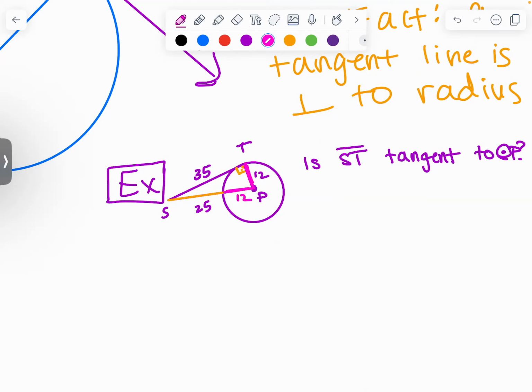So let me ask again, what is the hypotenuse? So how did I get the... Oh, 25. It's just outside. 25 was just the outside piece. That makes just the orange bit. Yes. Okay, so now we need to determine, is 12 squared plus 35 squared equal to 37 squared?